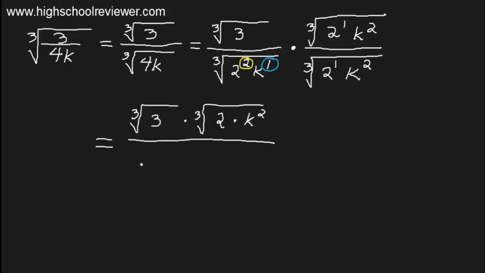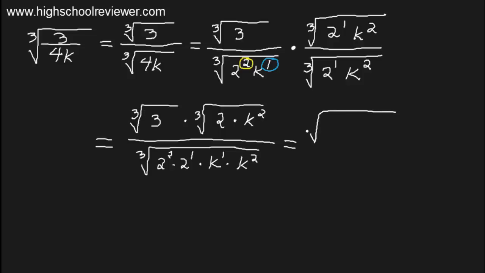So we will now have here the cube root of 2 raised to 2 multiplied by 2 raised to 1 multiplied by k raised to 1 times k raised to 2. Okay, so we can continue. So we will just copy the cube root. So we have here the cube root of 3 times 2 times k raised to 2.